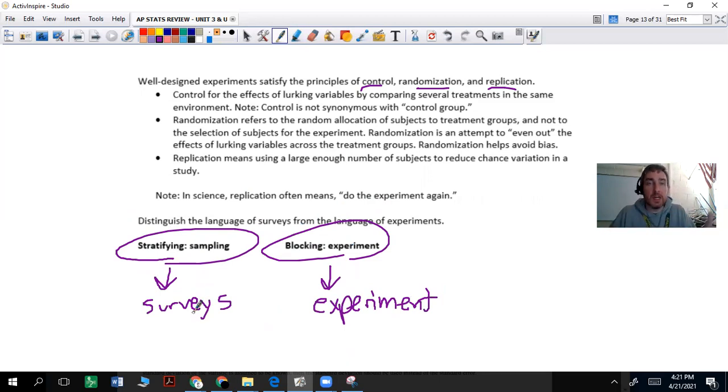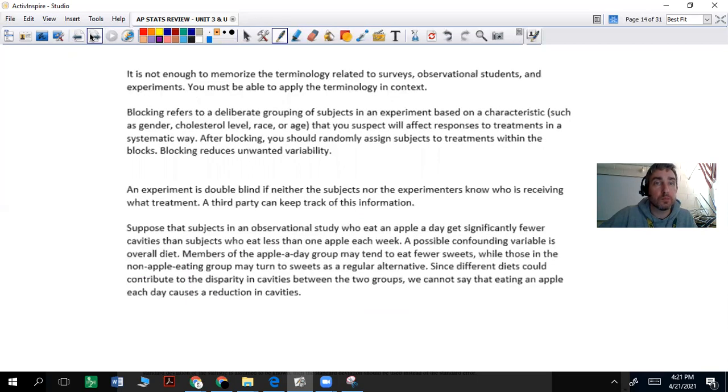But they're in different contexts. Okay, when you're just doing sample surveys, stratification groups them together in different homogeneous groups. When you're doing an experiment, blocking groups them together in different homogeneous groups to compare. And you can pause this and read it on your own. This is more information for you to read through and review.